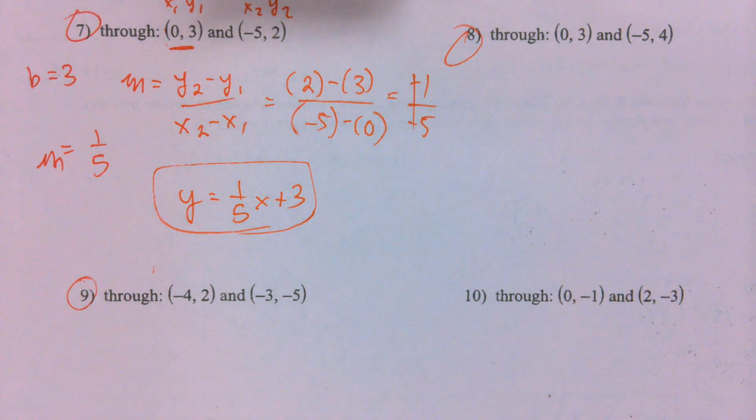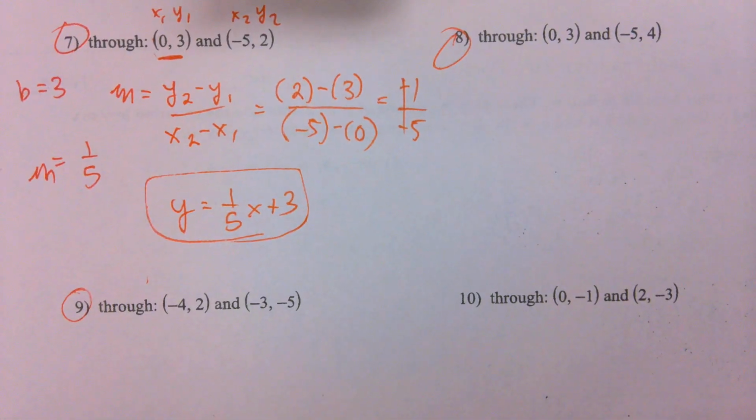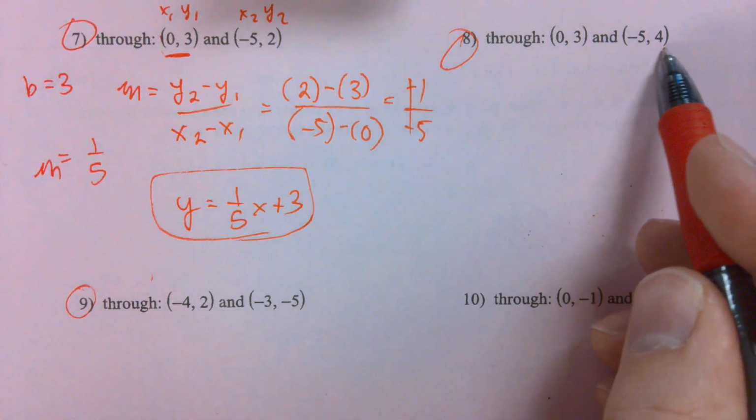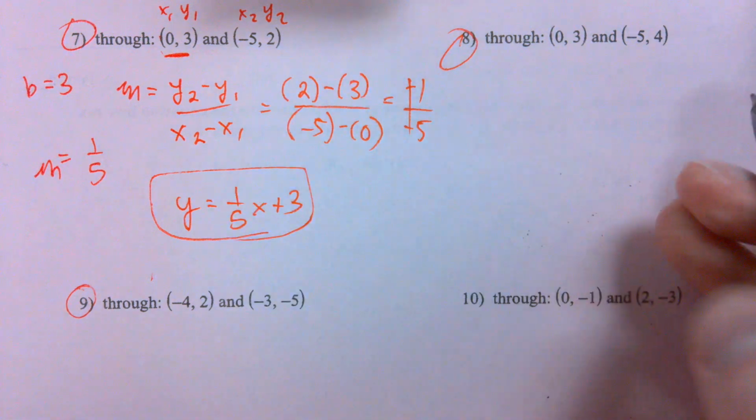We're going to take some really quick notes after this that's going to go over all the different ways that we can write our equations, this being one of them. Number 8 is almost exactly the same as number 7. The only difference is my y2 is a 4 instead of a 2.